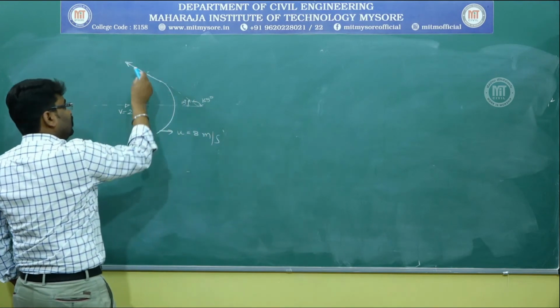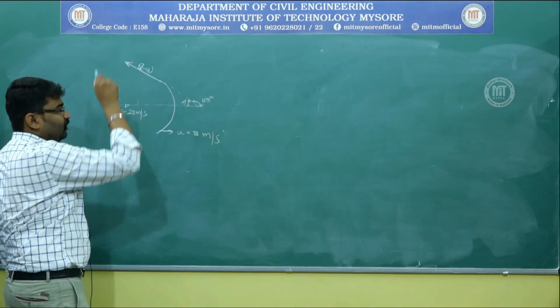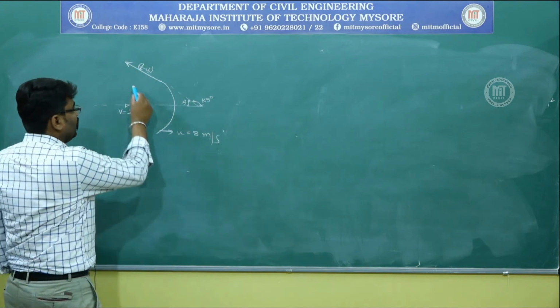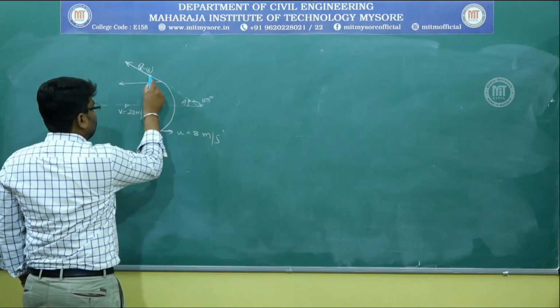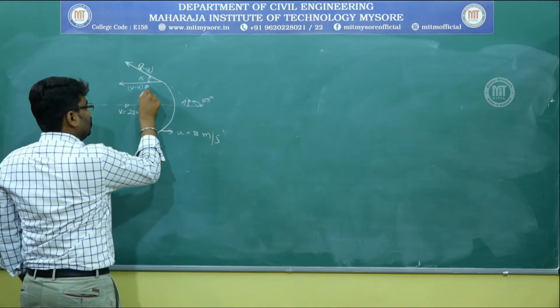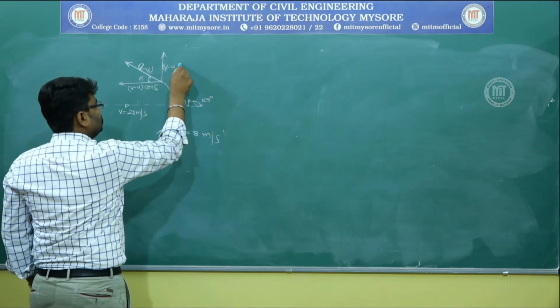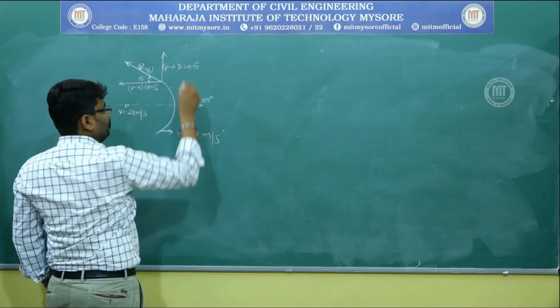Since there is no shock, this leaves the vane with the same velocity being equal to v minus u, and this angle would be 15 degrees. So this is v minus u cos 15 and this component would be v minus u sin 15.